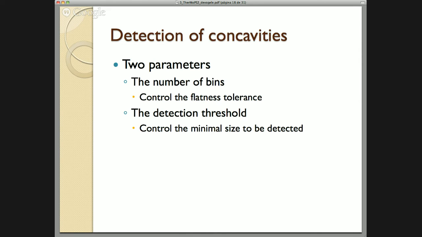So in order to have 2 normals fall into the same bin, you will have a small angle between them. And the other way around, if you have a small number of bins. And the detection threshold simply controls the minimal size that you can detect.